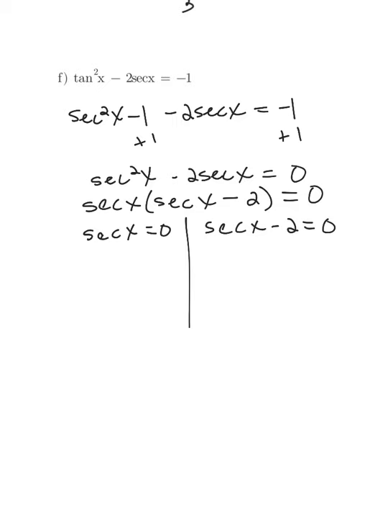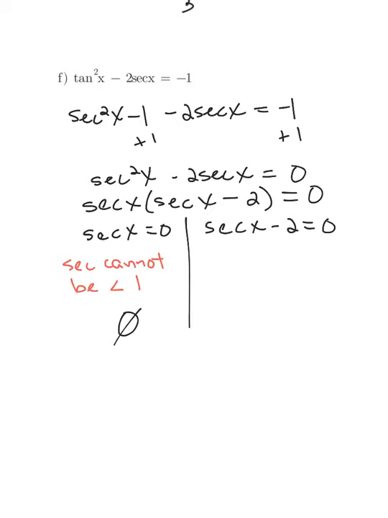Secant cannot be less than 1. So saying the secant of x is 0 is not possible. So this part of the equation gives you no solution.